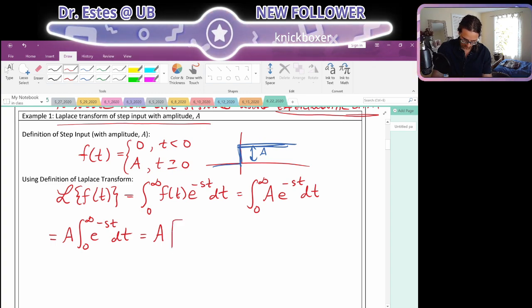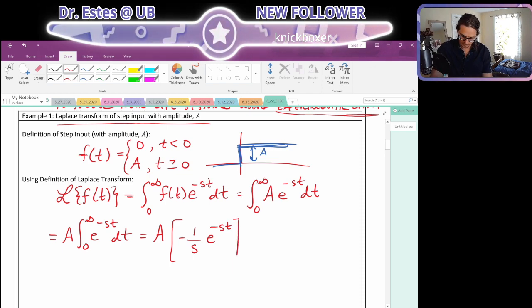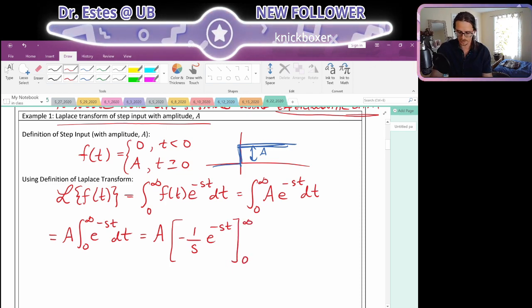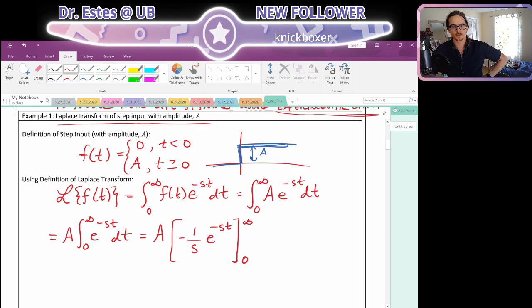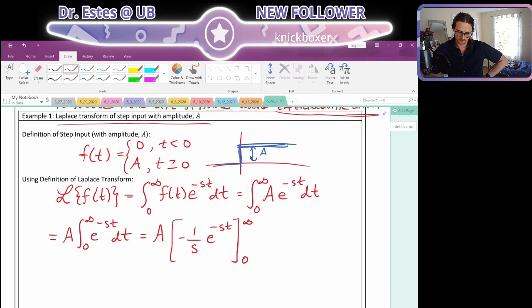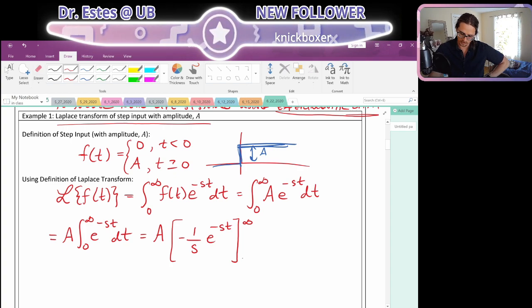I know it's going to be minus 1 over s e to the minus st, and then we're going to evaluate it at those limits, 0 to infinity. So that's just the integral of an exponential function. Now these limits here, maybe to be really clear, they pertain to the time variable.